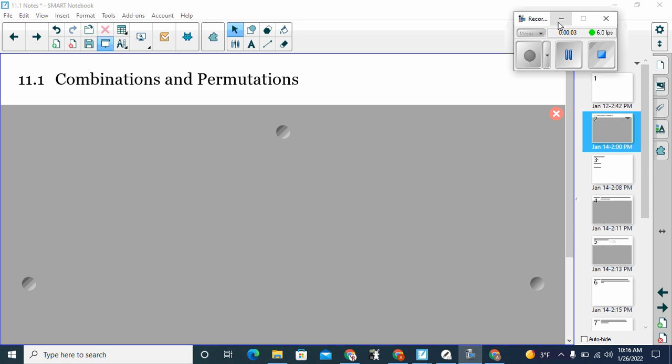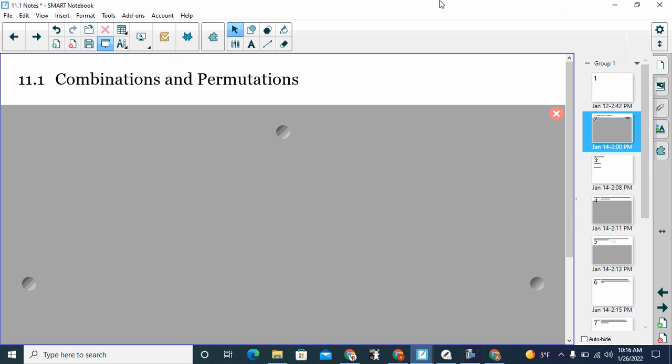These are Algebra 2 notes from section 11.1, which is on combinations and permutations.